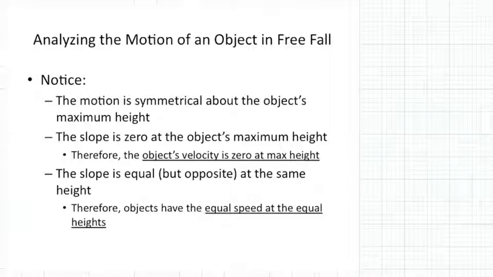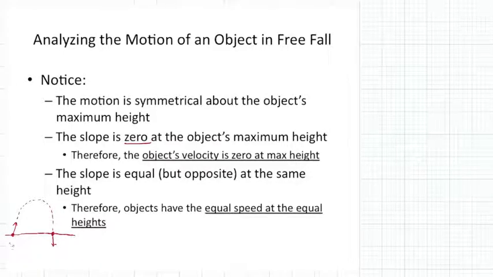At the maximum height, the slope is 0. That makes sense to us. We've concluded that already. And at a given height, the slope is equal but opposite. So if we have an object being propelled upwards and coming back down to the same level as, say, the ground right there, at equal heights, the velocity is going to be the same, just opposite.